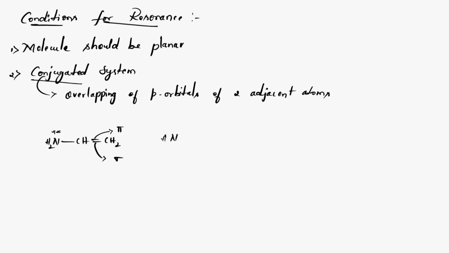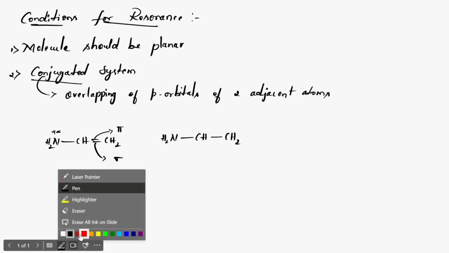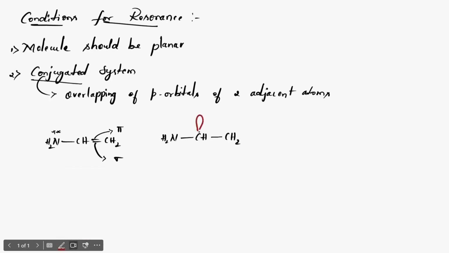NH2 single bond CH single bond CH2. The pi bond can be represented as overlapping of p orbitals, right? These two p orbitals are overlapped, and this is the pi bond.